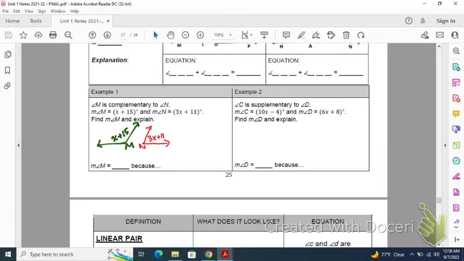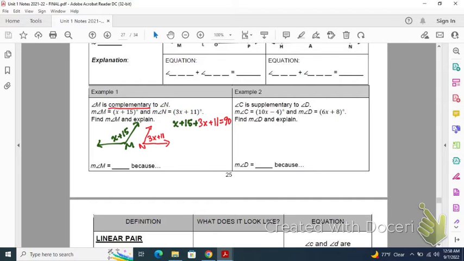We're told they're complementary, so this diagram is not drawn to scale, but it's okay as long as you know that x plus 15 plus 3x plus 11 equals, complementary, which means it's going to be 90 degrees.